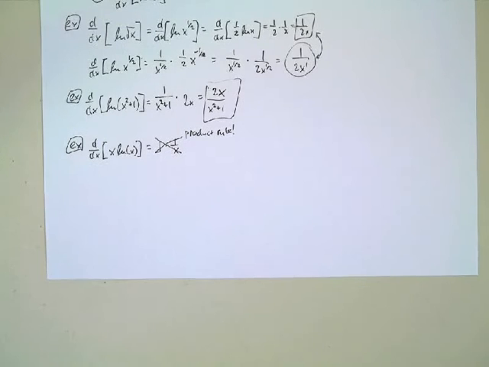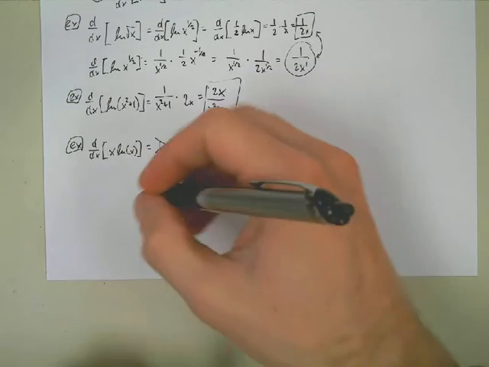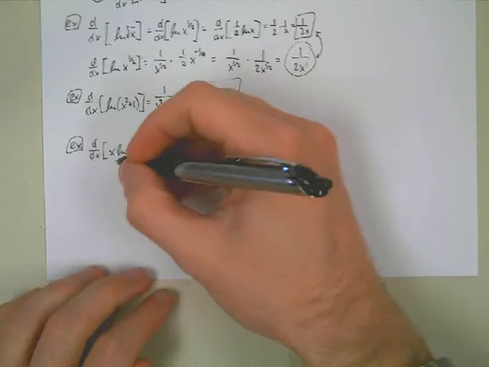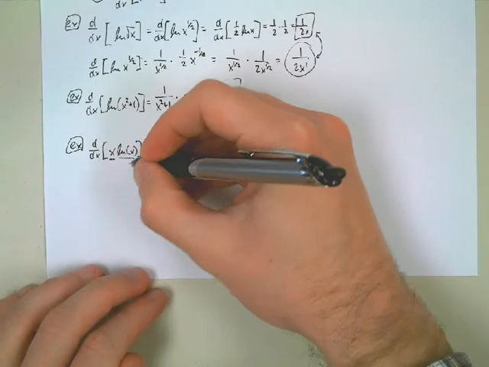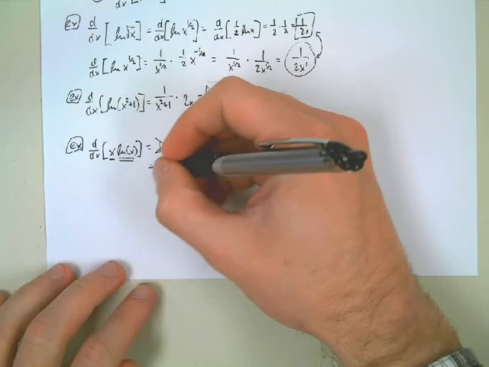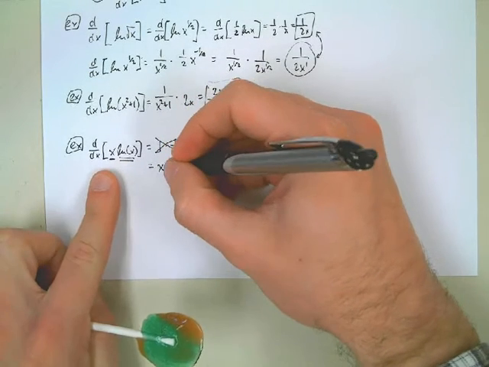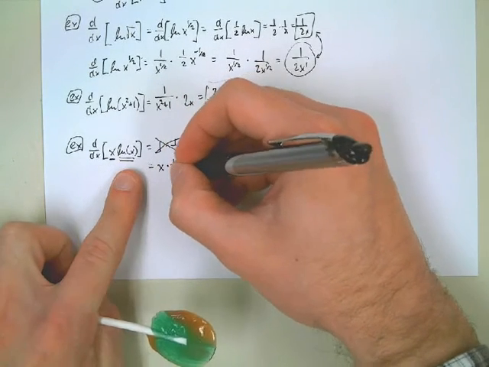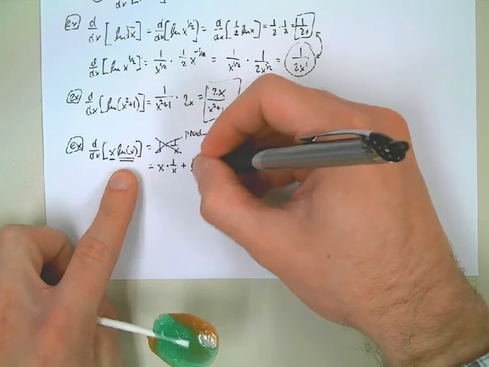Product rule. So, there's our first quantity, there's our second quantity. It's the first, x, times the derivative of the second, 1 over x, plus the second, natural log of x, times the derivative of the first, 1. So we get 1 plus natural log of x.